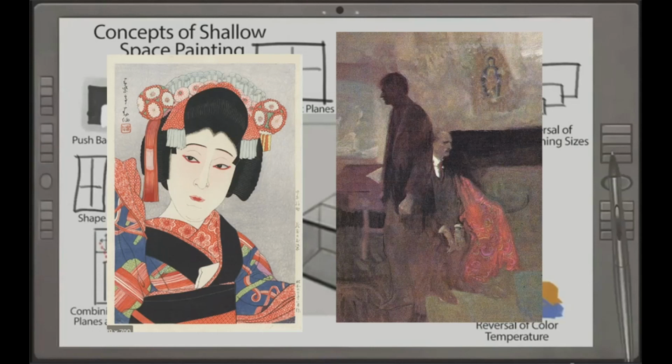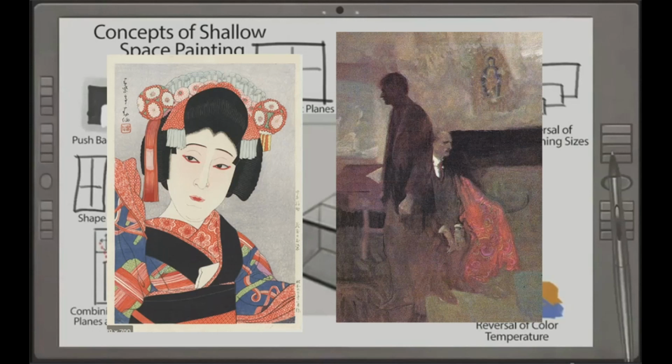This style, as you can see, is more abstract, using these abstract shapes, and it has a more flat look, but it's not completely flat like the example on the left with the Japanese print. That is completely flat, while the one on the right is not completely flat, within which these characters exist. While the example on the left doesn't give you any feeling of space in which she exists, because everything's flat.